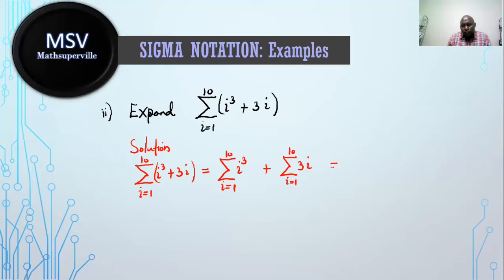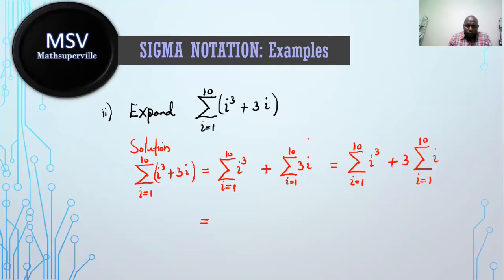Now, for the next one, we're going to use the constant multiple rule. That entails factoring out the constant and then multiplying that constant by the sum of i with the lower index as 1 and upper index as 10.